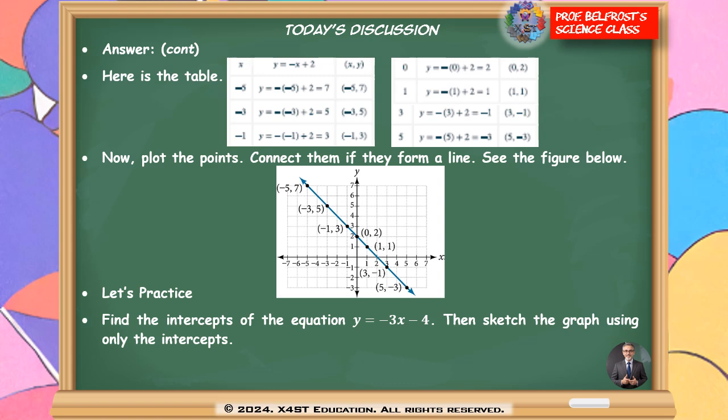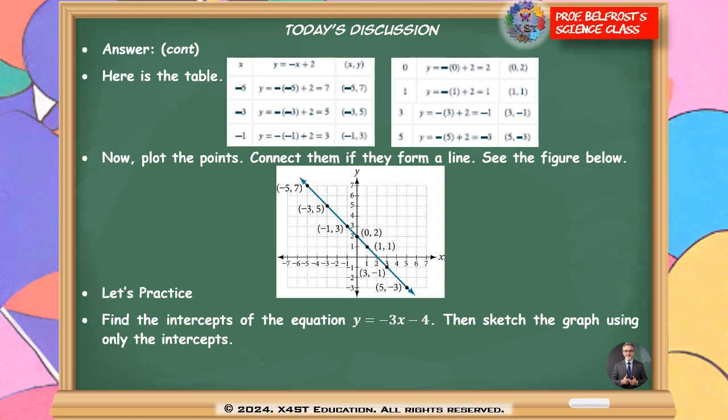You see? I didn't choose 1, 2, 3, 4, 5. I just arbitrarily picked some intervals between the x values to create the table. This is what you can do. Now we just plot the points and connect them to make a line. And the plot can be seen as shown in the slide.